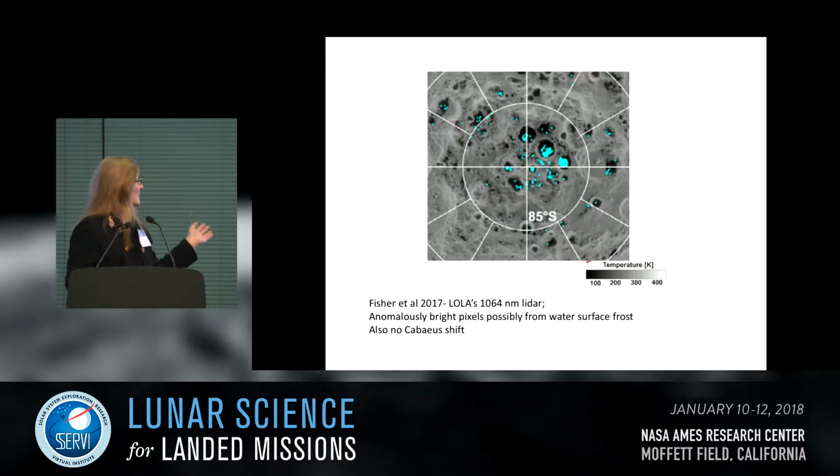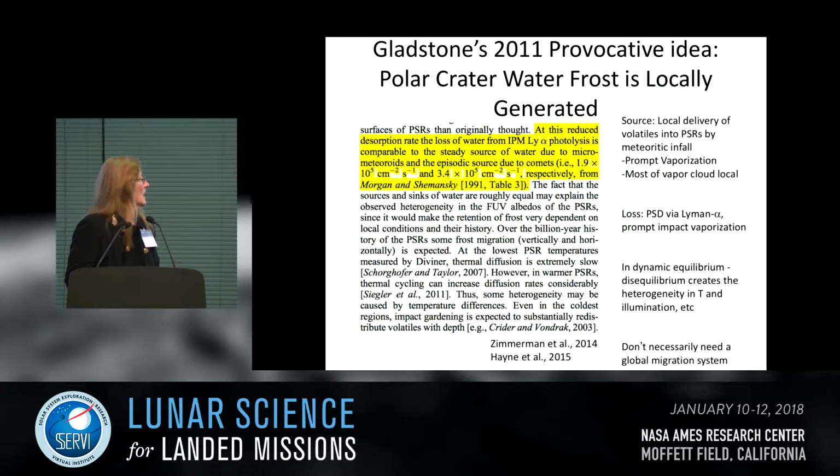You can see the frost is very concentrated in the permanently shadowed regions. It's connected with the surface temperature. And this really tells us that the surface frosts are in dynamic equilibrium with the incoming processes, the interplanetary medium.